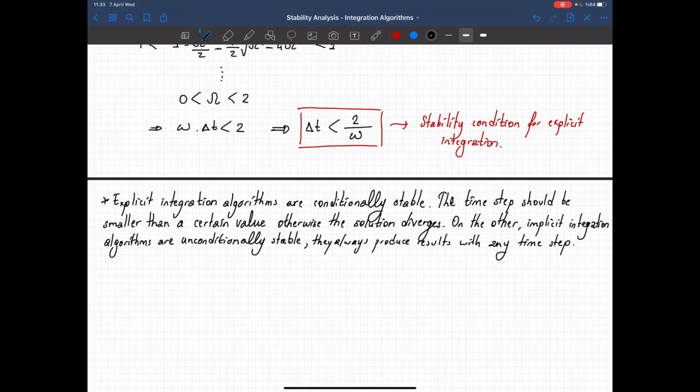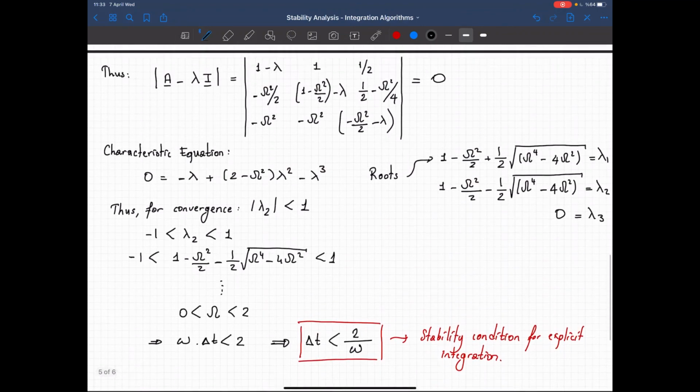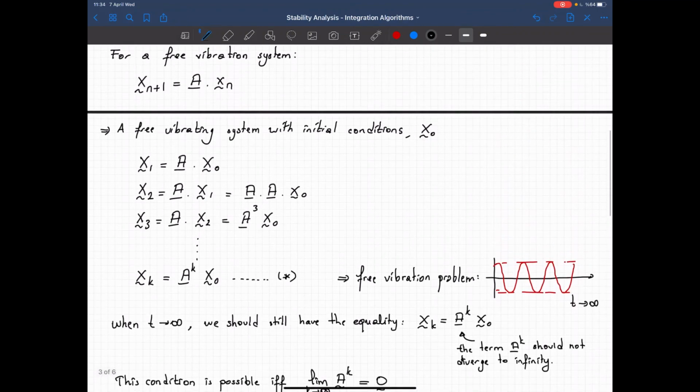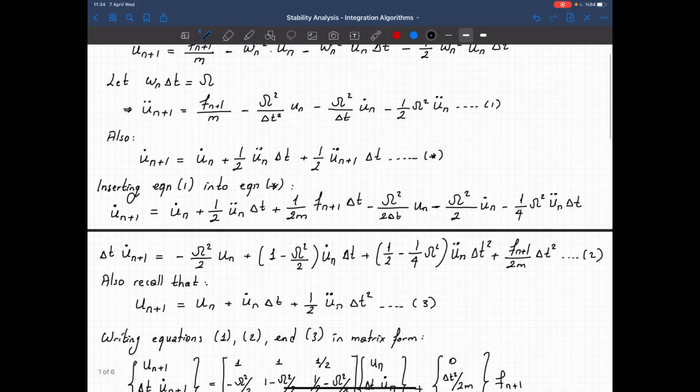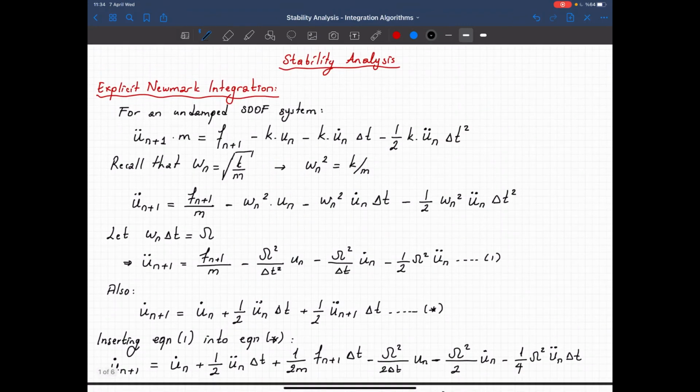The advantage of the explicit algorithms is in the nonlinear problems. You don't have to do iterations because the left hand side of the equation doesn't have any stiffness matrix. I'm always multiplying the stiffness matrix with the variables that I know.